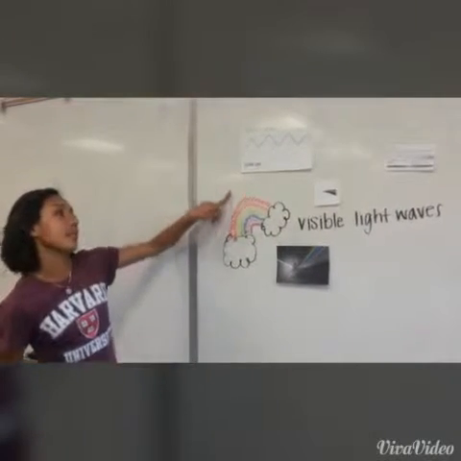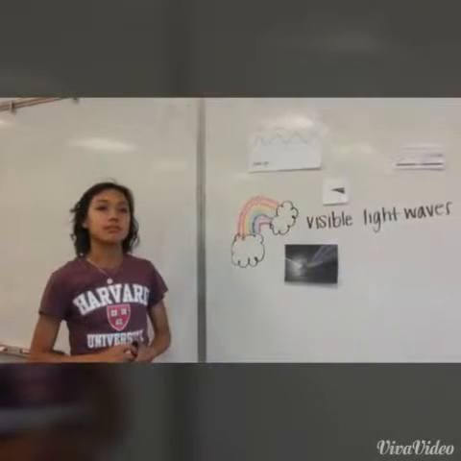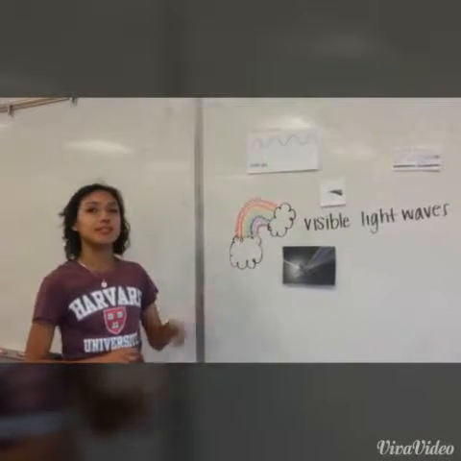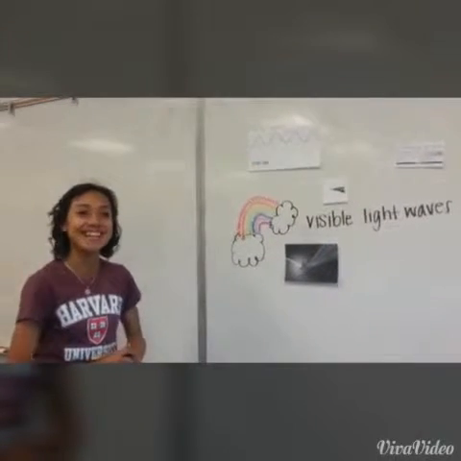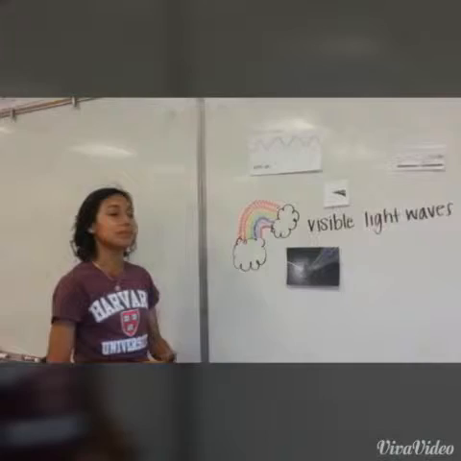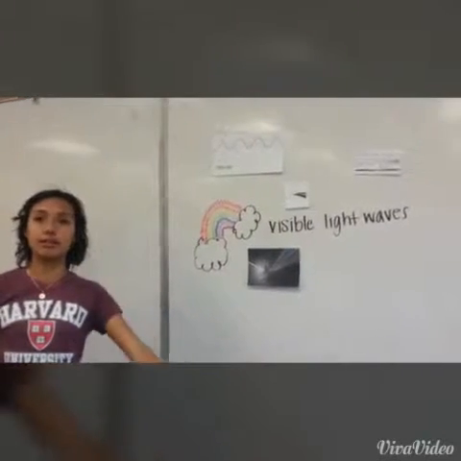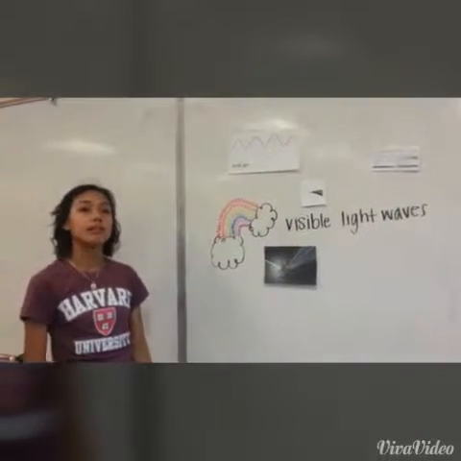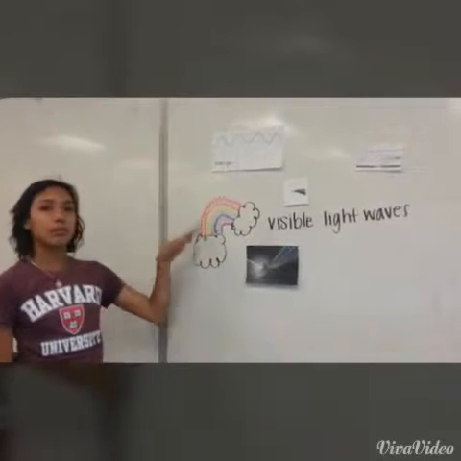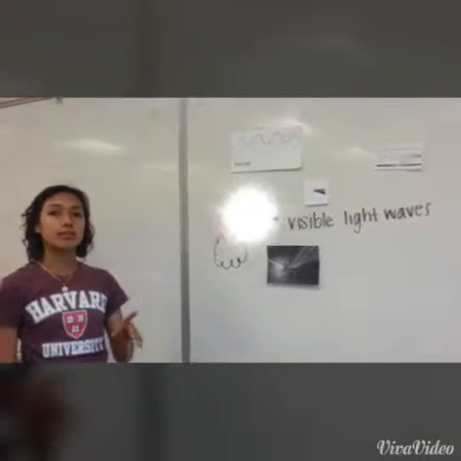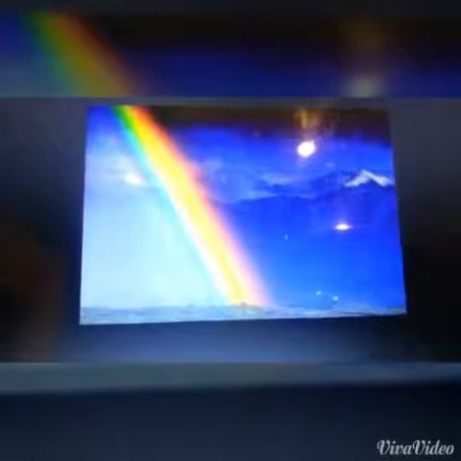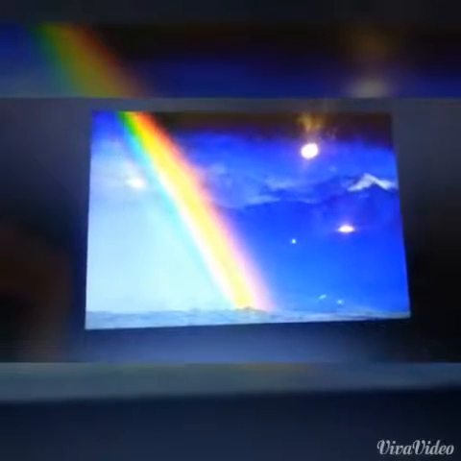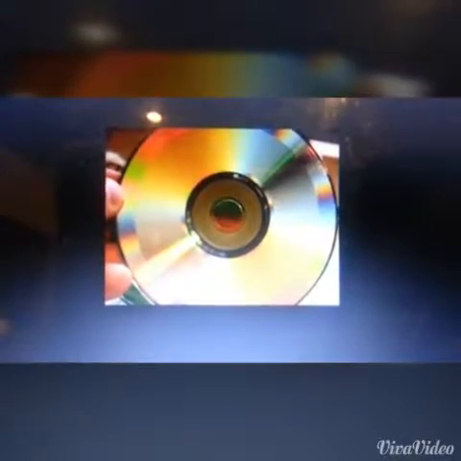The red obviously has the longest, and the violet has the shortest because it's going farther down the electromagnetic spectrum. And all the waves combine to make white light. Some examples of visible light waves are rainbows and even CDs.